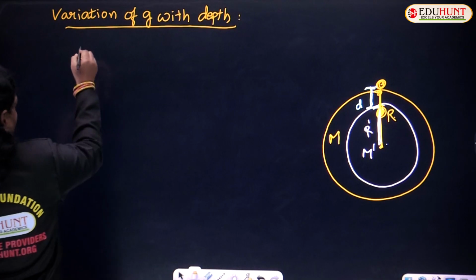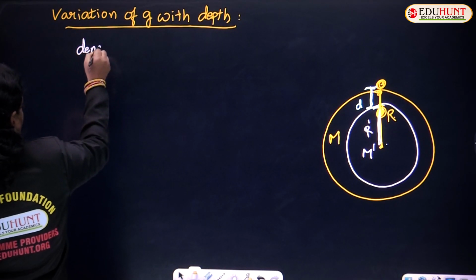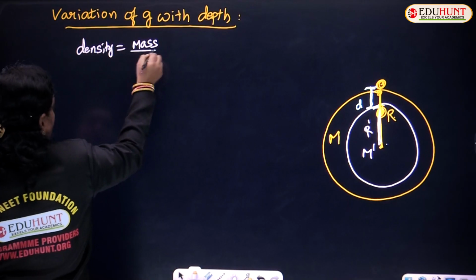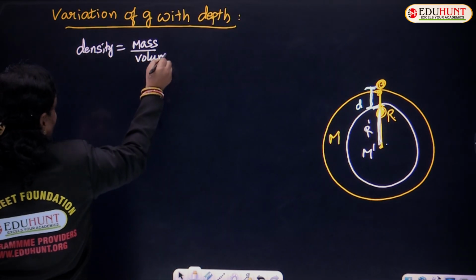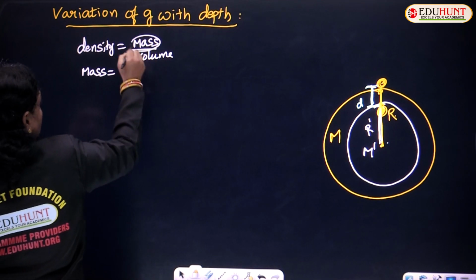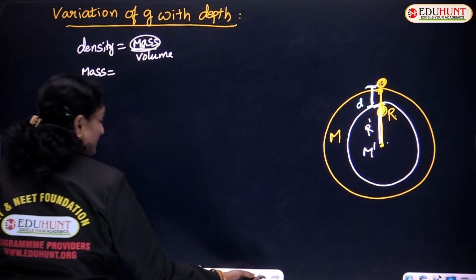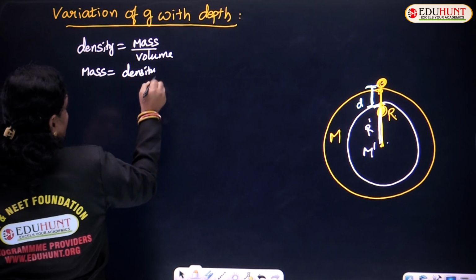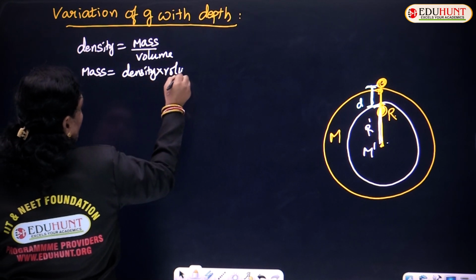So for this, first of all, look at the formula. What is the relation between density and mass? Density equals mass by volume, so if you bring the volume to the other side, mass equals density into volume.